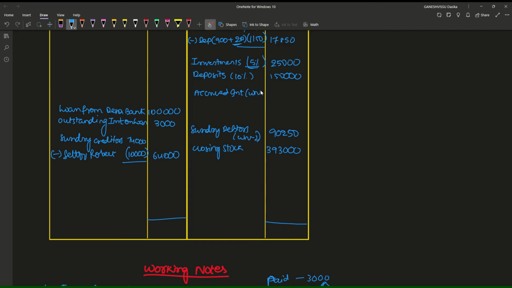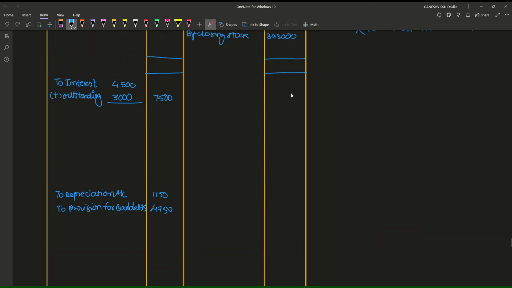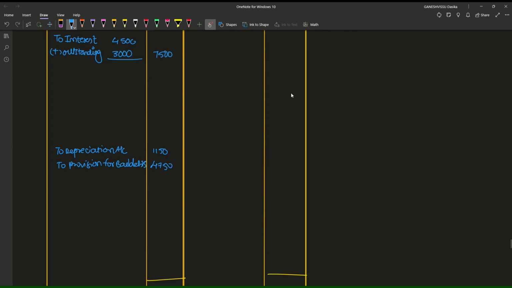And now accrued interest, working note number 3, I suppose. What is that? 10,000 rupees. So we need to add this accrued interest, which is receivable, on the credit side of the profit and loss account.